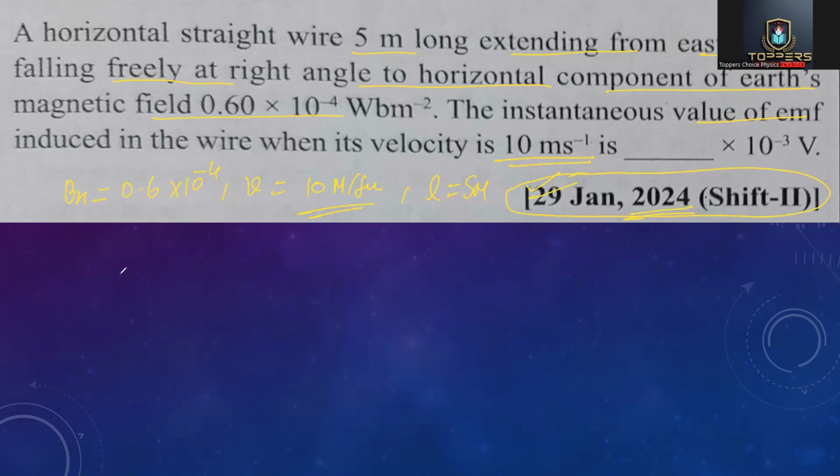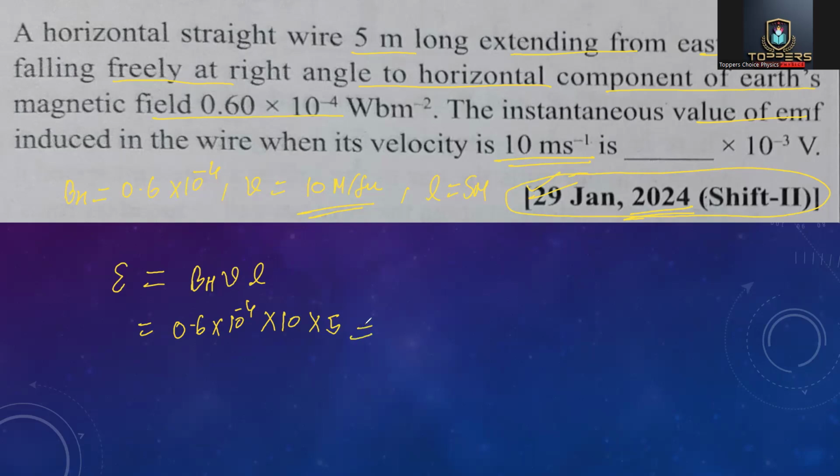So we can find out here EMF, E is equal to, again the same thing, B_H, V, L. I'm sorry, this is V, not omega, so V B L. 0.6 into 10 to power -4, into 10, into L which is 5 meter.